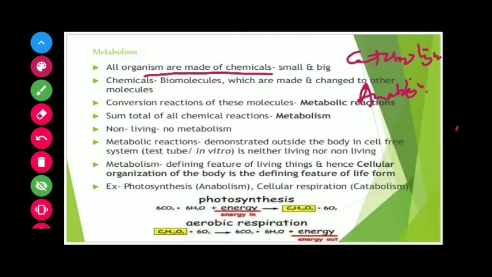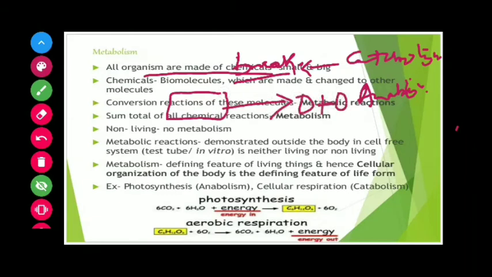Catabolism means all the reactions that break down the material, the reactions taking place inside the body in which a bigger molecule breaks down into smaller molecules, and this is termed a catabolic reaction.